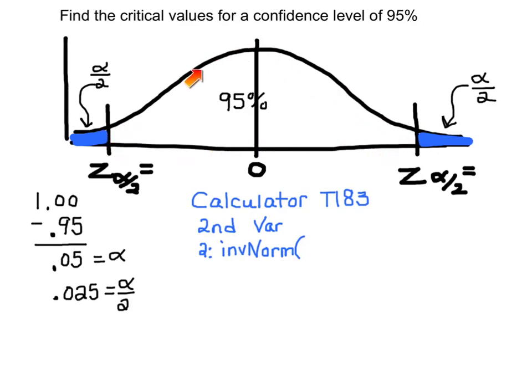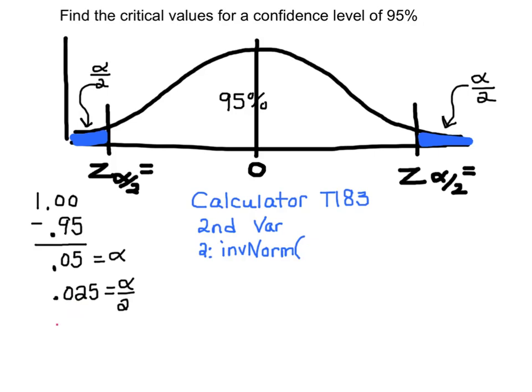The remaining 5% are in the tails, the left tail and the right tail. But I want the z-score here. So I'm going to have to take 95% and subtract half of alpha, one tail, which is why I took half of alpha. So if I take 95%, I'll do that over here, in red.